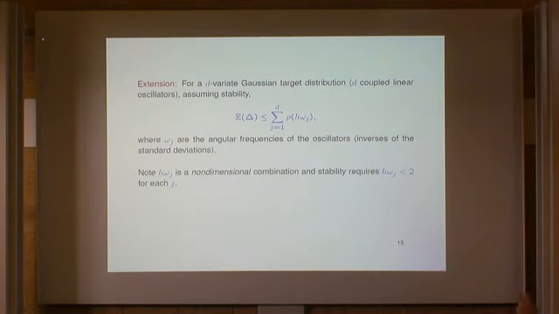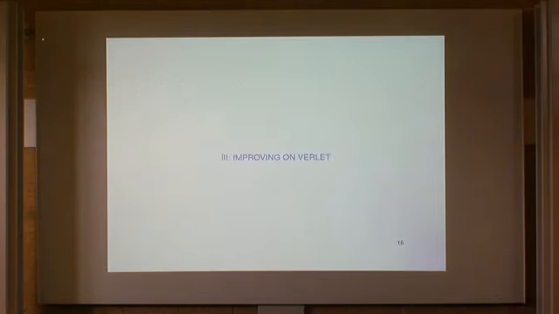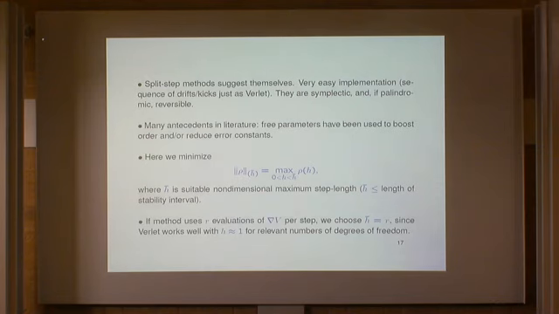So that h omega is like a non-dimensional combination. You have to take the rho over all degrees of freedom. This is completely general. It doesn't require that the matrix is diagonal or anything like that. So even if there are correlations between the different variables, this would be the case.